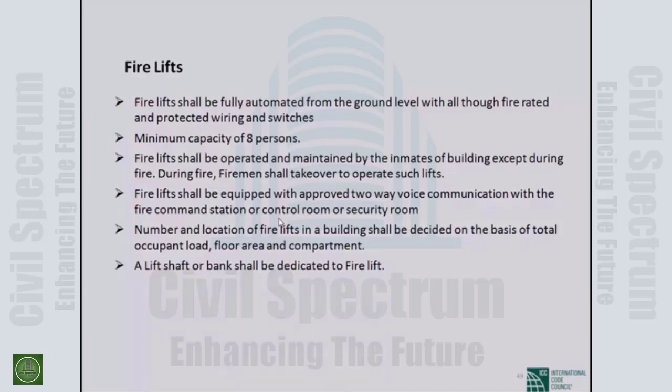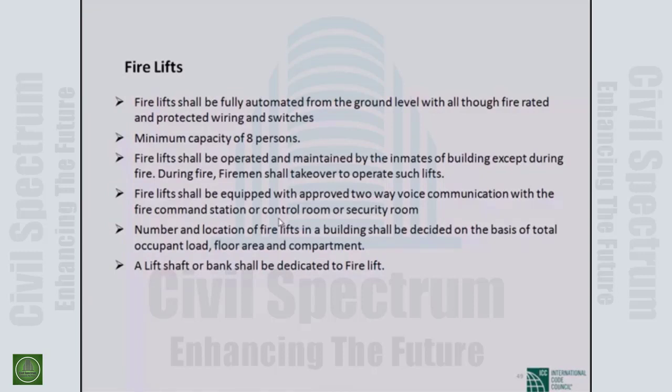So there must be a special provision for fire lift for hospital. If it is a high-rise, there is a very special type of fire lift, especially designed, that will be installed for the patients.